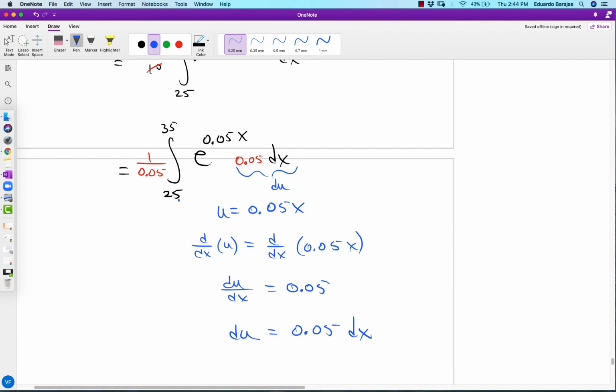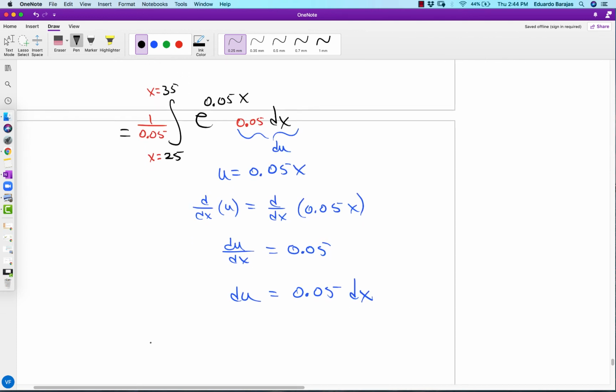What about the limits of integration here? Well, I'm going to keep them as x. So I'm going to keep track of this by noting that x goes from 25 and x goes up to 35. Now I'm ready for my substitution. So this is equal to 1 over 0.05, integral as x ranges from 25 to 35, and then this becomes e to the power of u.